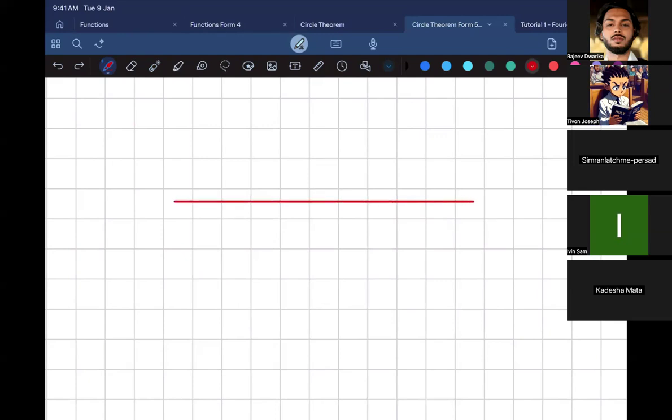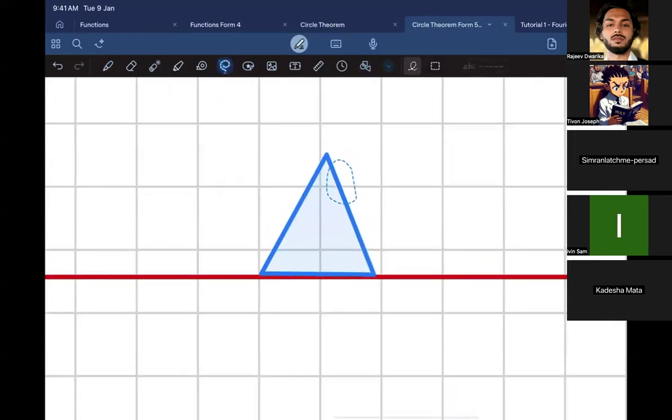That's all. So Simran, imagine you have a table here, and you place a triangle on top of it. The triangle would sit on the table, and it would sit on its base.